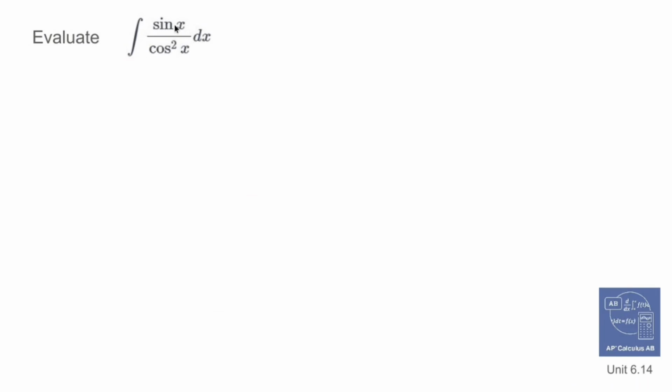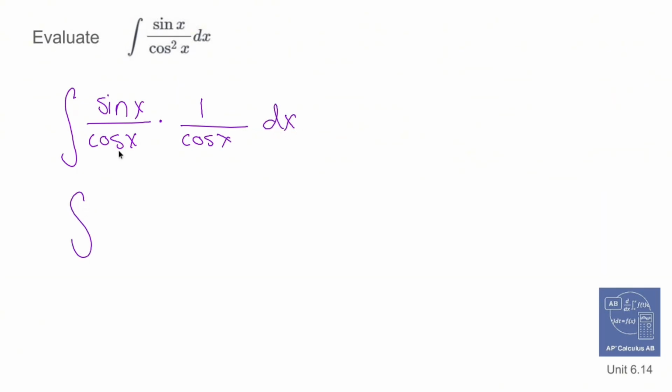Evaluate the integral of sine x over cos squared x. Well, that is just a disgusting problem. I don't like it. Let's rip it apart. Okay, let's have sine x over cos x times 1 over cos x. Same thing, right? Well, I know that sine x over cos x is tangent x, and 1 over cos x is secant x.